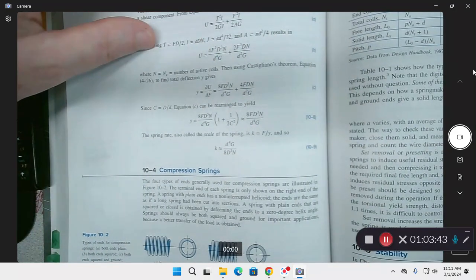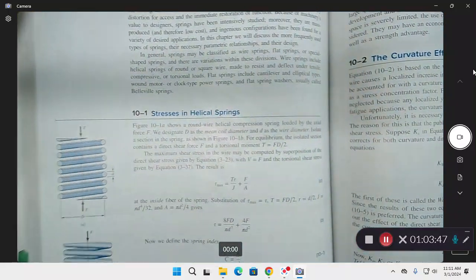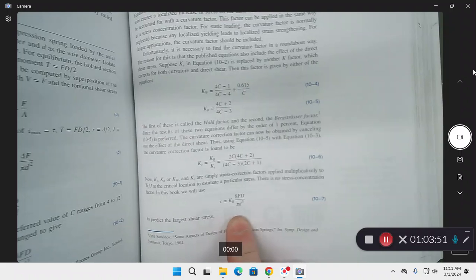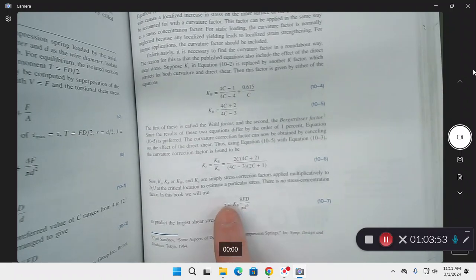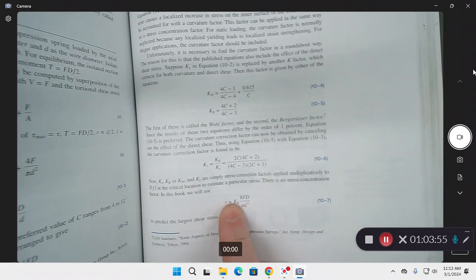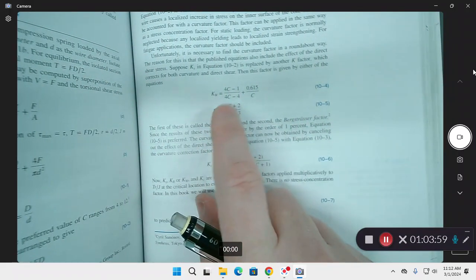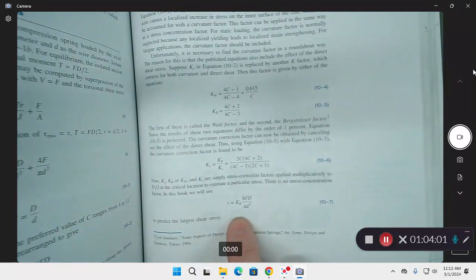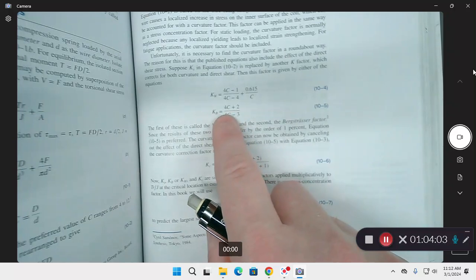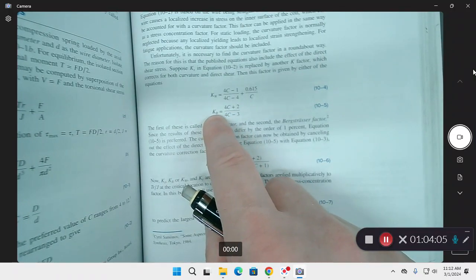We need to get the Bergstrasser. That's what we decided that we were using because there were two choices and they didn't look like one was better than the other, but the Bergstrasser had a cooler name. So that seemed like a good enough reason. Because we need it here, I'm going to go ahead and calculate it here first.